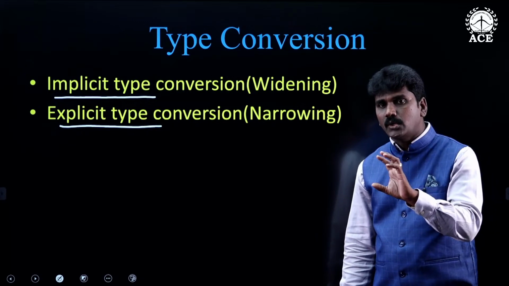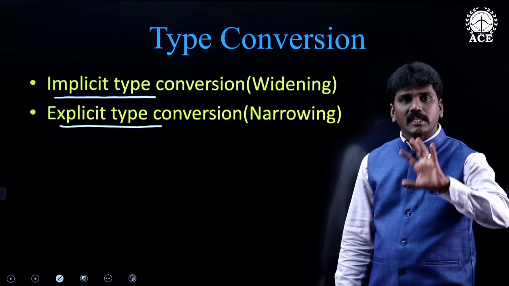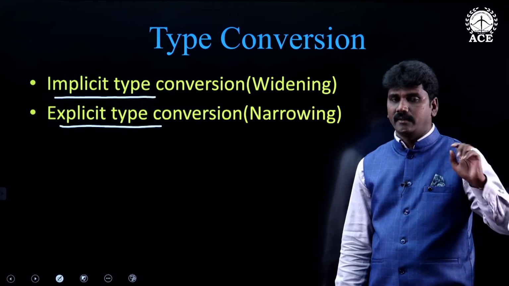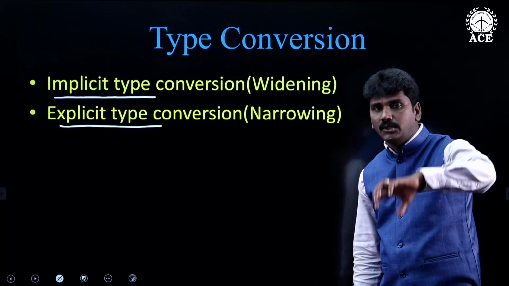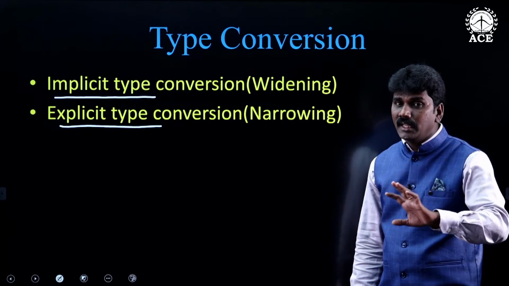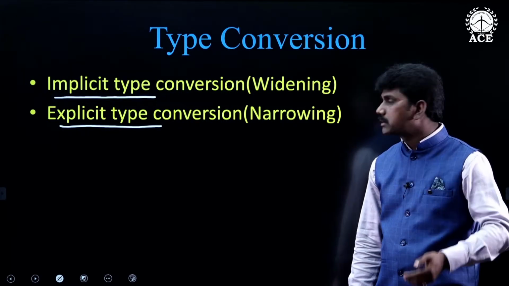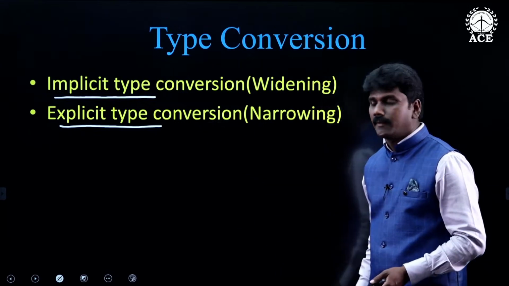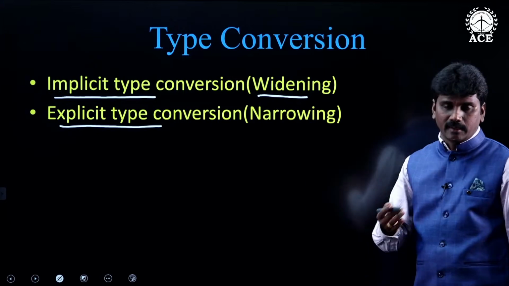If we would like to store the value of byte in integer, then there is no problem, implicit type conversion will be done. Whenever we would like to store one integer value into the byte value, then type conversion will not be done implicitly. At that time we have to use explicit type conversion. Like here, implicit type conversion is nothing but widening.